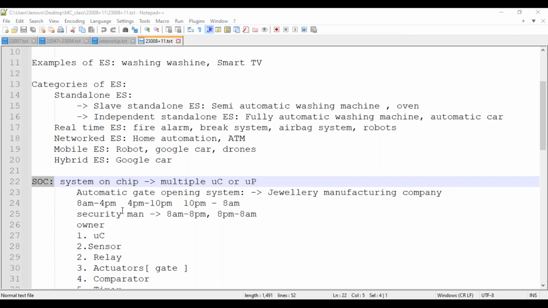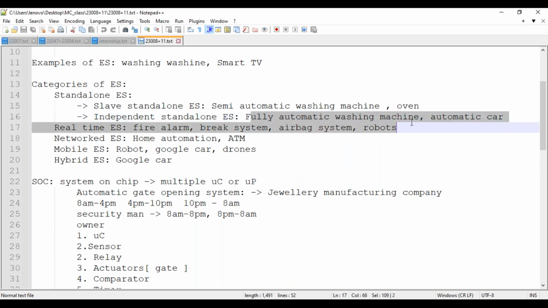Independent standalone embedded systems have an intelligent part. A fully automatic washing machine is one such example, and that doesn't belong to real-time embedded systems. You need not take the action in real time, so it is fine to take the action even if you have switched it on later, or it doesn't have a particular deadline to be met.